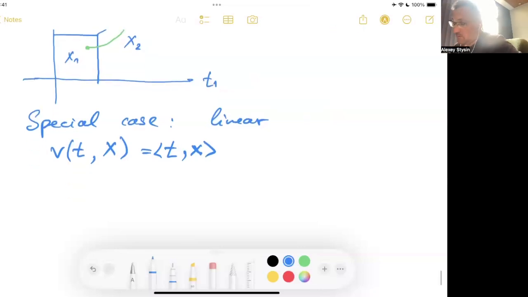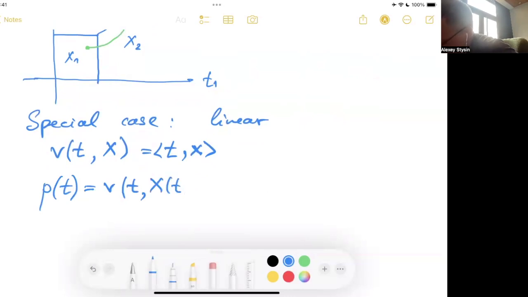Well, now we can see that we have this. Let me just write it again. We have that the payment function is going to be v of t and x of t. Well, now we can simplify because we have our linear assumption.